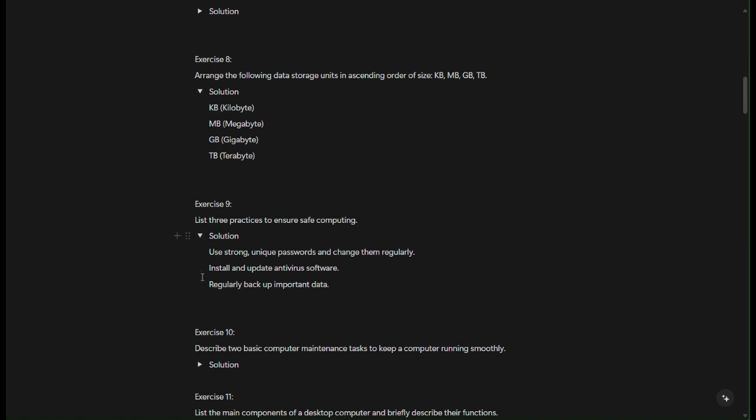Install and update the antivirus software, and finally, back up your information. This is the 3 tips to ensure safe computing. Change the password, for example, each week, each month. Install and update the antivirus, and back up your data and the information.